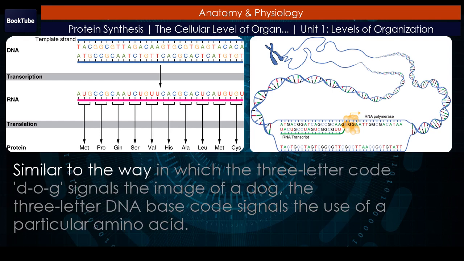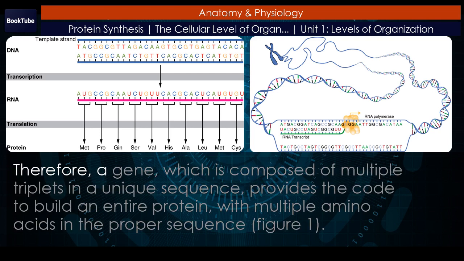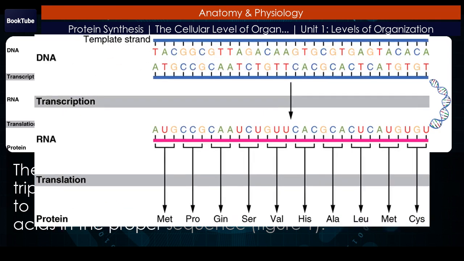Similar to the way in which the 3-letter code, DOG, signals the image of a dog, the 3-letter DNA base code signals the use of a particular amino acid. For example, the DNA triplet CAC, cytosine, adenine, and cytosine, specifies the amino acid valine. Therefore, a gene, which is composed of multiple triplets in a unique sequence, provides the code to build an entire protein, with multiple amino acids in the proper sequence.